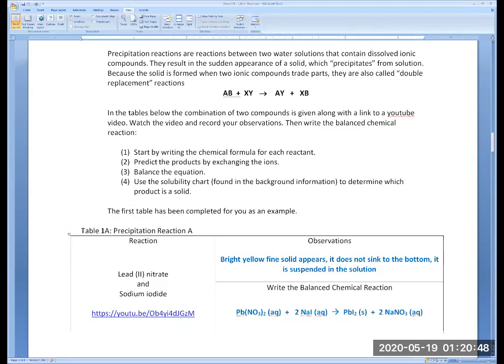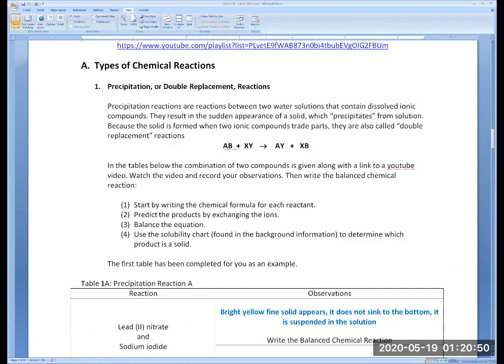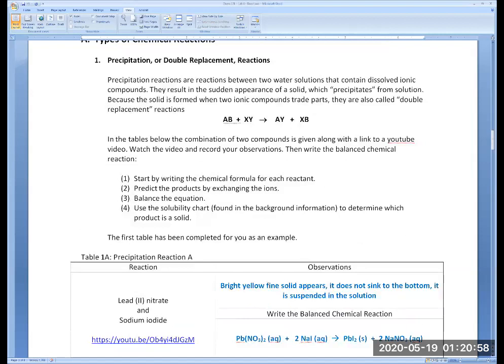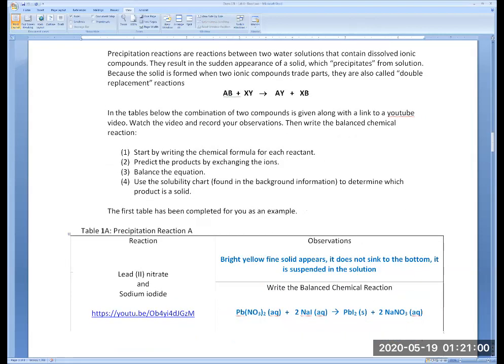And here we are in the section precipitation or double replacement reaction, right? So you expect formation of a solid, right? So let's remove that from here and do it again. I don't want to watch the video with you now.